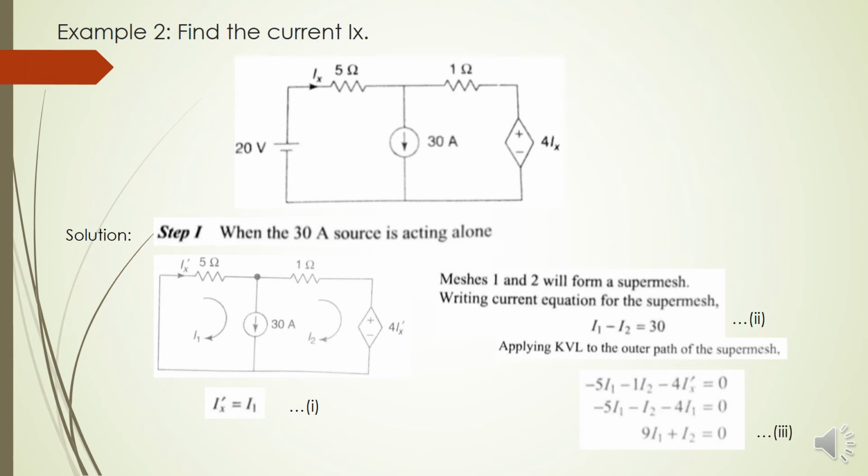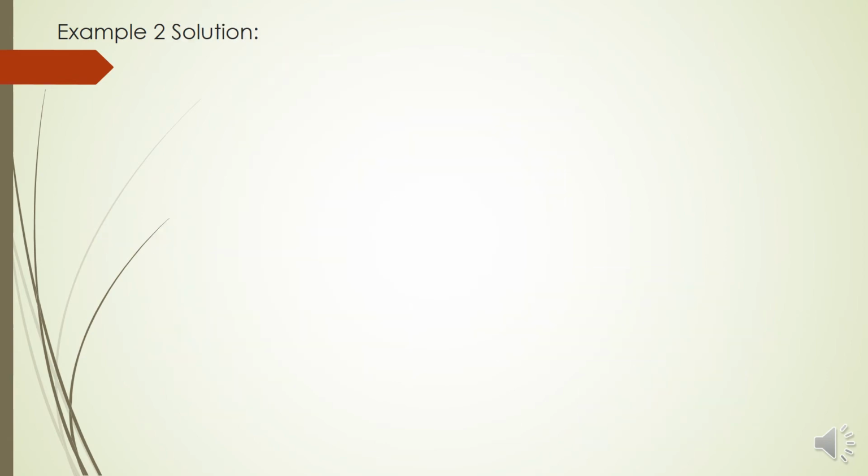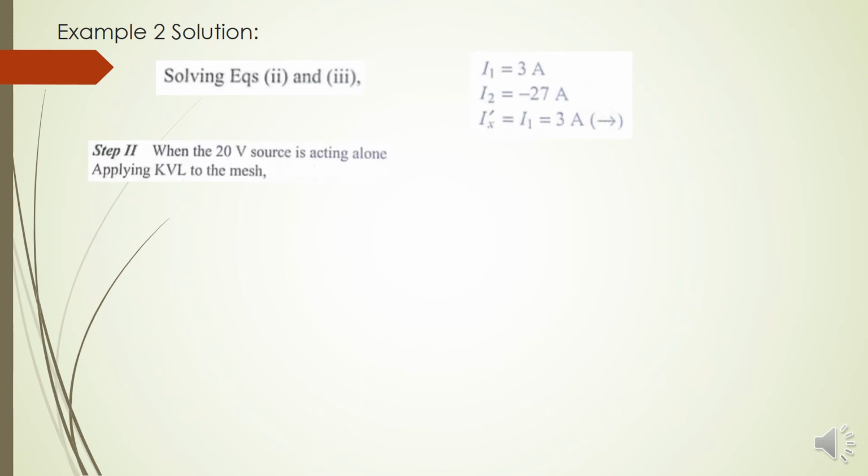Ix dash can be replaced by I1, and hence we will get equation 3. Now solving equations 2 and 3, we will get the values of I1 and I2. I1 is nothing but Ix dash.